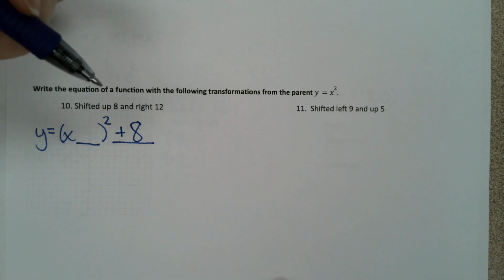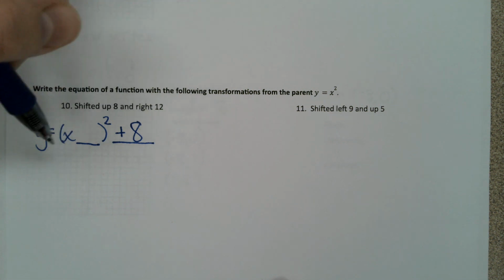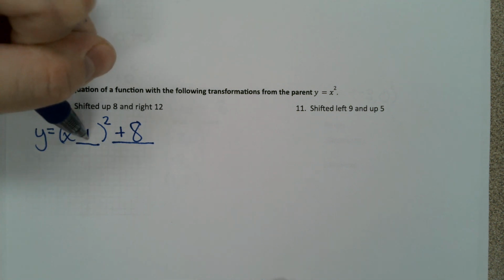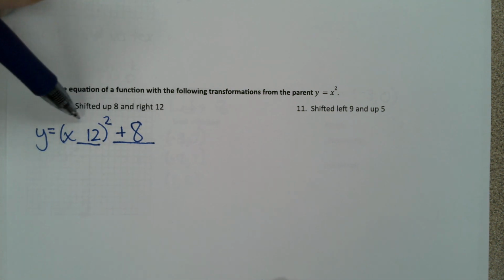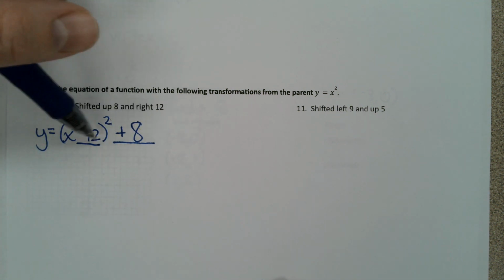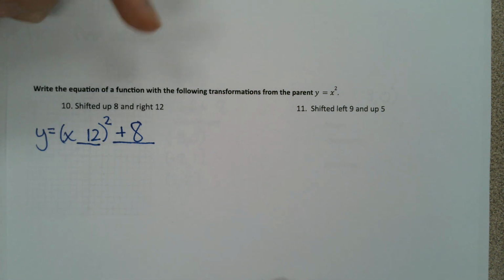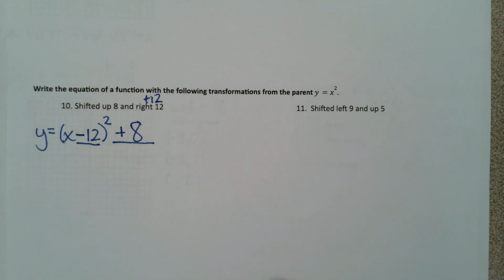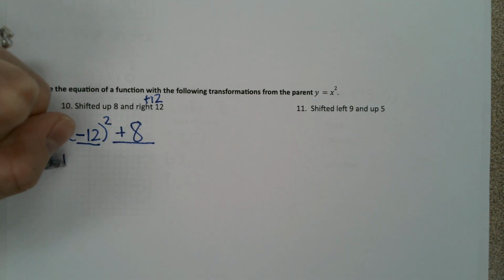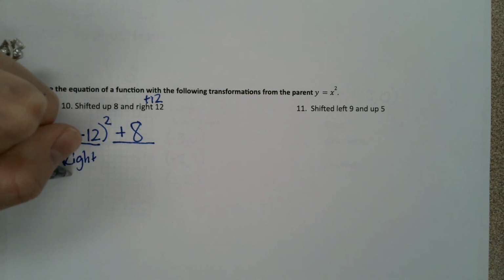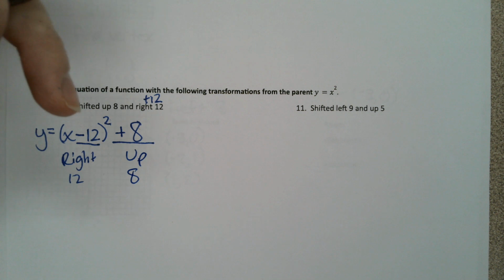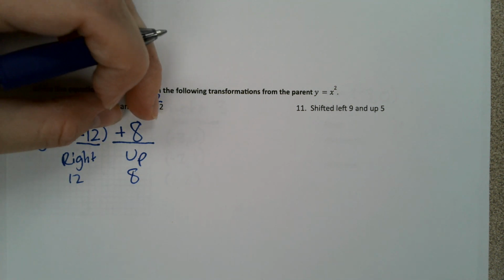Right 12. This time this is inside the x, left or right is an x movement. So we have the 12. And then remember, when we put it in here, the sign changes. So right 12 is a plus 12, but when we put it in here, it becomes a minus. So that is my equation. So again, this is right 12, and then this is an up 8. Inside change, outside keep.